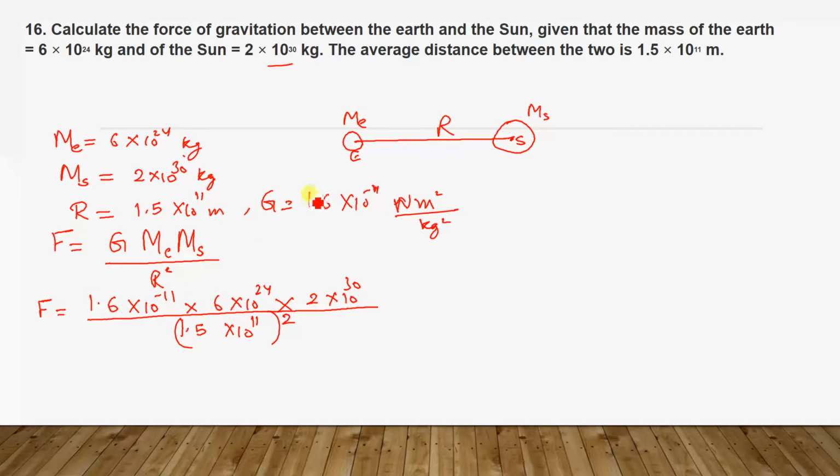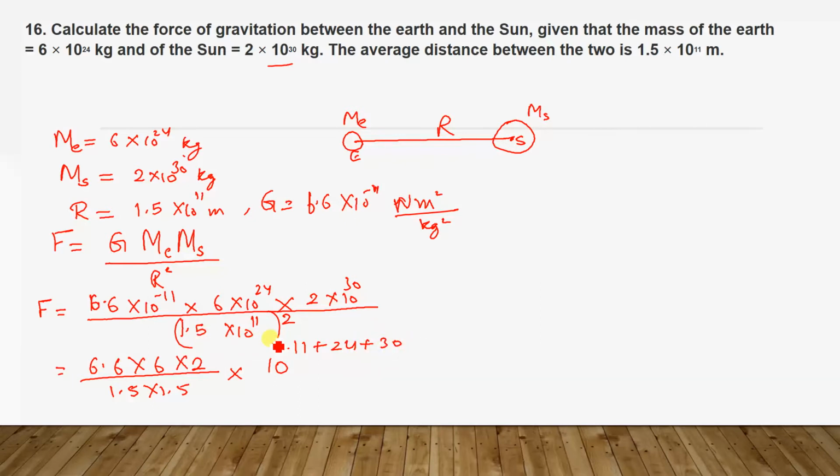Here it is 6.6 into 10 raised to power minus 11. So let's solve it. First of all, we will write 6.6 multiply 6, only numerical values, multiply 2 upon 1.5 into 1.5, and here 10 raised to power minus 11, here plus 24, we are adding the powers of the numerator, plus 30.